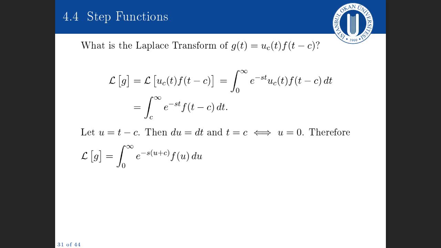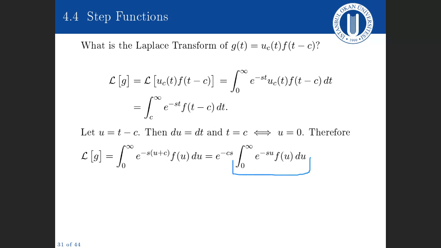So doing this substitution, the Laplace transform of small g is the same as the integral from 0 to infinity e to the power minus s, u plus c, f of u du. Take a factor of e to the power minus sc outside the integral. And then what do we have here?